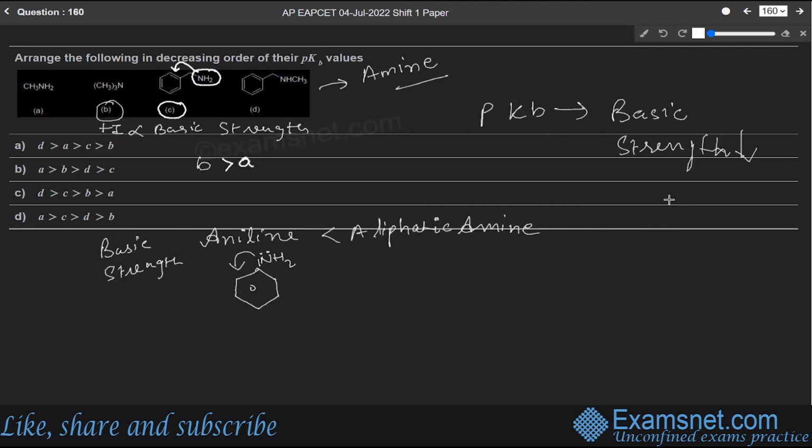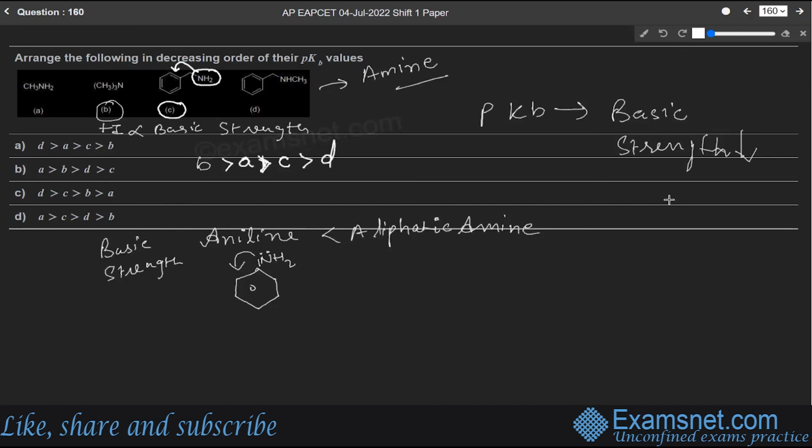So if it is not attached to the ring, you can easily tell that C would have a higher one. Resonance is not possible, which means the lone pair would still be there on the nitrogen atom and would have a higher basicity. So B, A, C, and then the last one would be D.